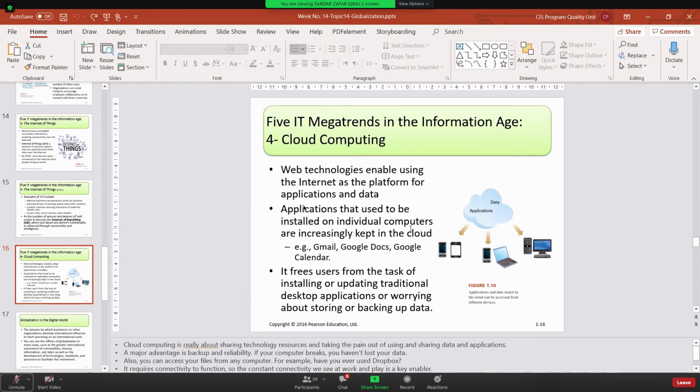Your applications and data would be there, and you can access that data through different devices, like Google Docs, online Word, online Office. So it frees users from the task of installing or updating traditional desktop applications or worrying about storing or backing up data. Now you get the idea about cloud computing?